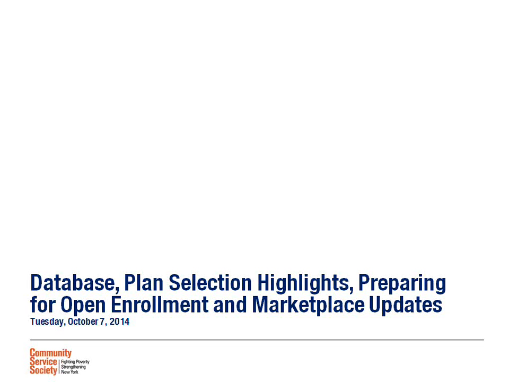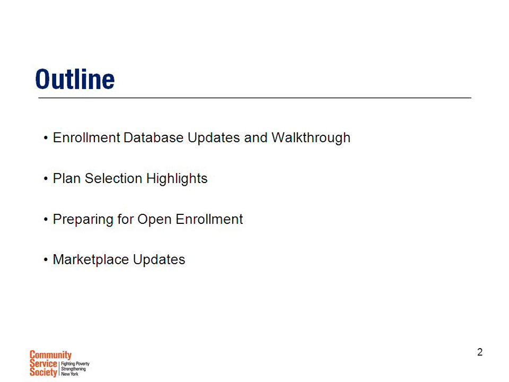So we are actually very excited, not only about the plan selection highlights that we're going to go over, so hopefully things make a little more sense and it helps you prepare for open enrollment. But we're particularly excited about the enrollment database updates, and we have here Jonathan, who's going to be doing a quick walkthrough. If at any point you have questions, especially if you just joined the network, if you have questions about the database, let us know and we'll help you understand it or answer any questions you may have.